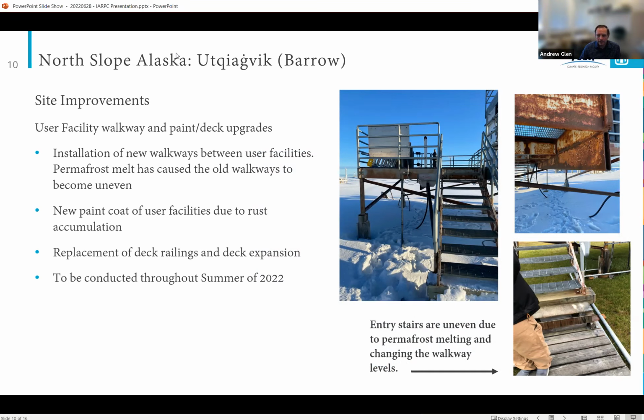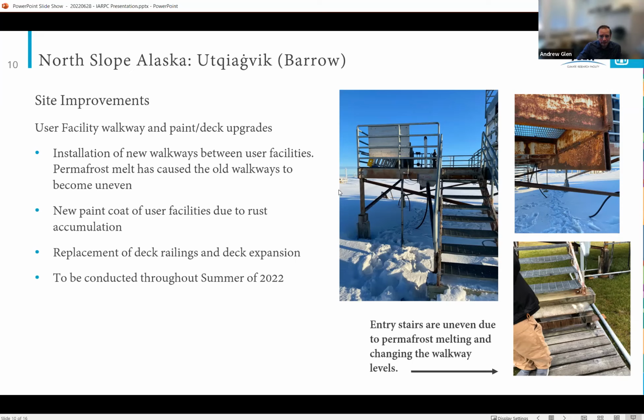You can see some of these pictures here of the decking and things that we've got. So we're getting this all fixed up, replaced, bead blasted, and coated so that it's protected for the next 5 years. A lot of that's going on this summer, and it was something that we delayed because of COVID. So we're trying to get those improvements made.